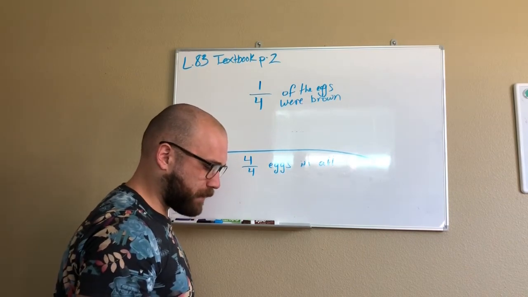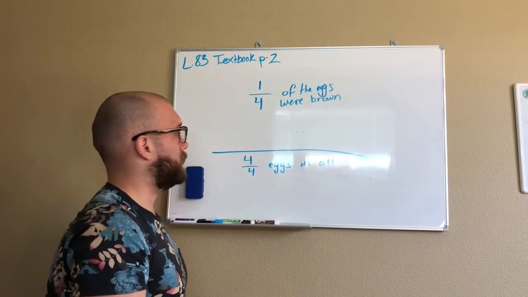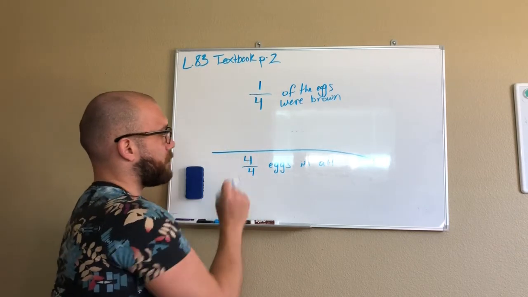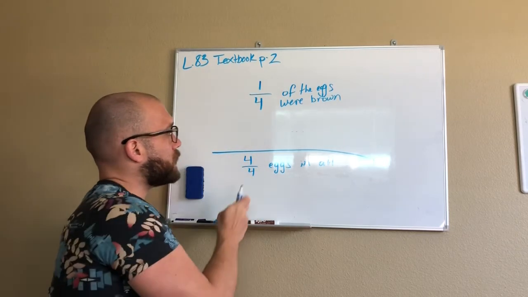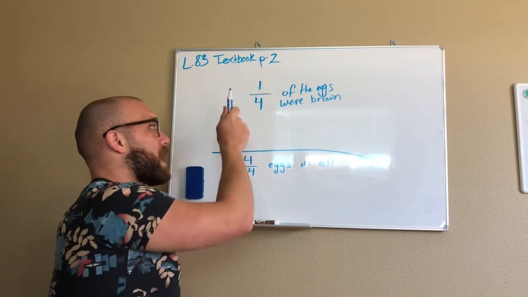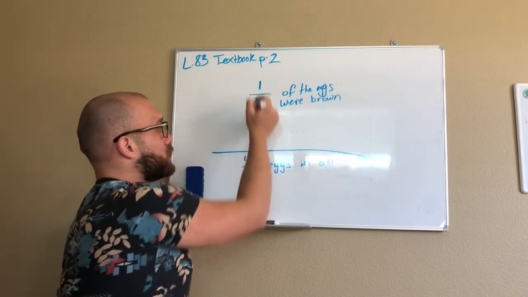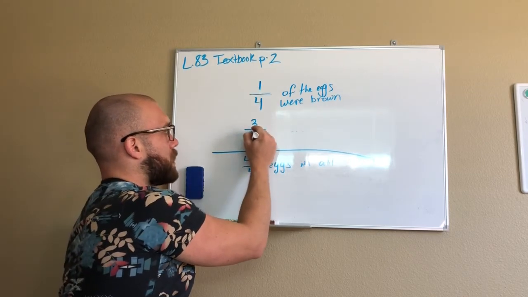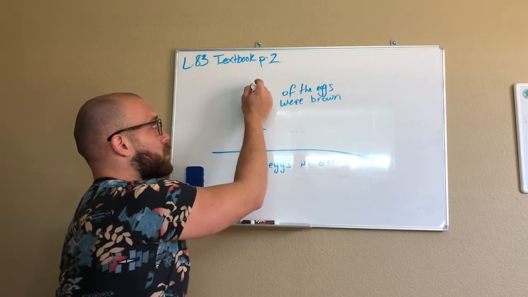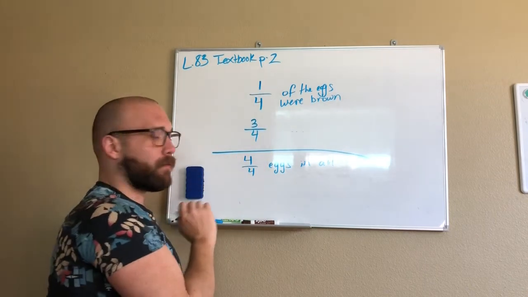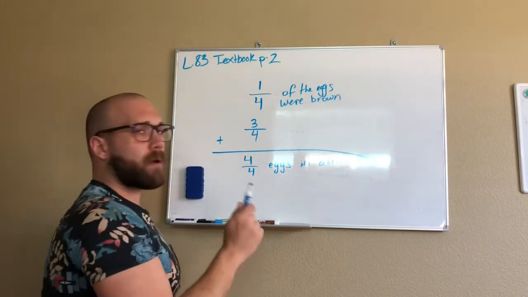And what's the fraction for the eggs that were not brown? Well, if I have 1/4 here and I have 4/4 here, I need to go up this way, so I'm going to subtract going up. So 4 minus 1 is 3, and the denominator stays the same, because I know 1/4 plus 3/4 is 4/4. Notice how I'm checking my work.